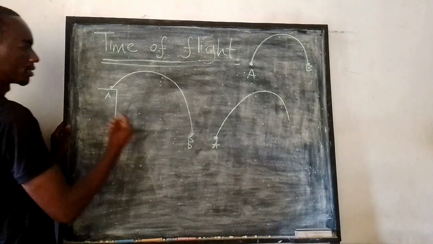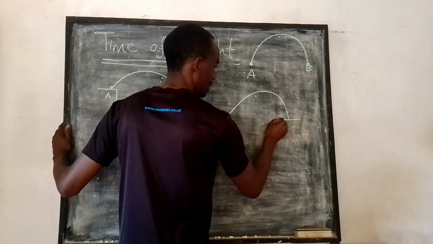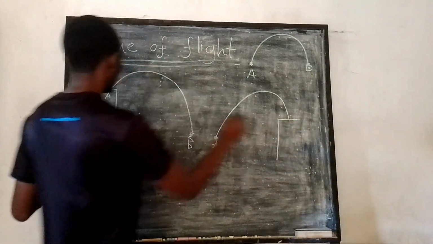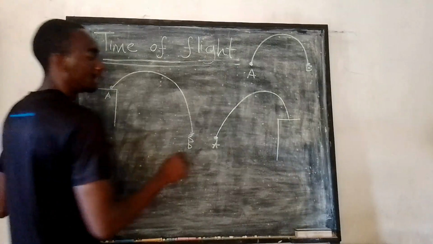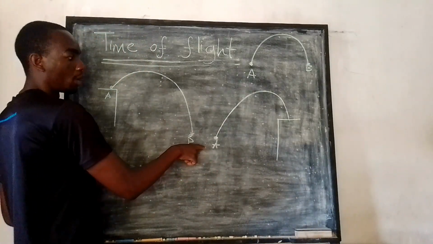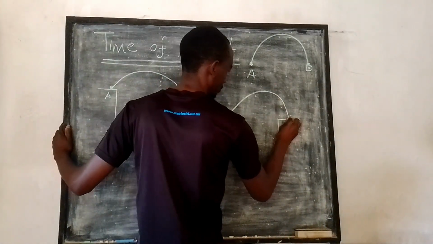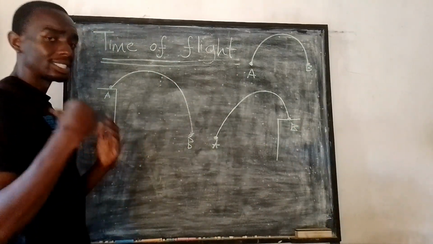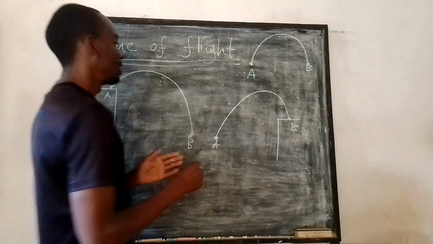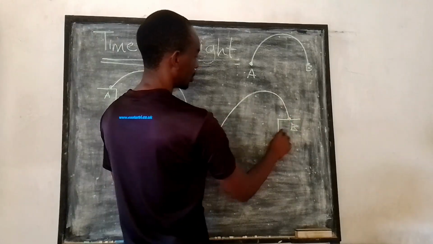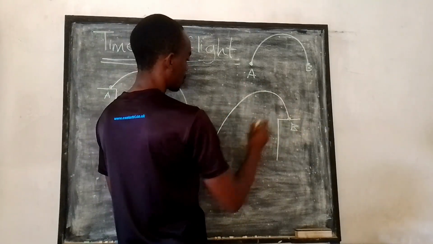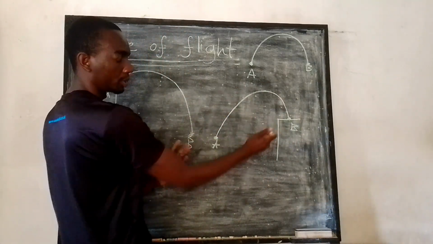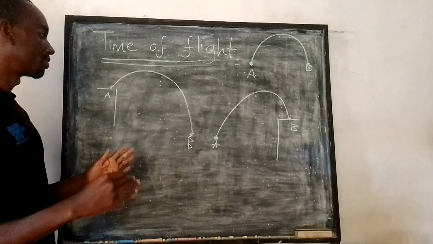It's basically the opposite of this. Instead of launching our projectile from the cliff, we're now launching our projectile from the ground and it hits the cliff. This is now our point B. Again, you might be asked to find the time of flight associated with this trajectory, this path, or this motion. It all differs.